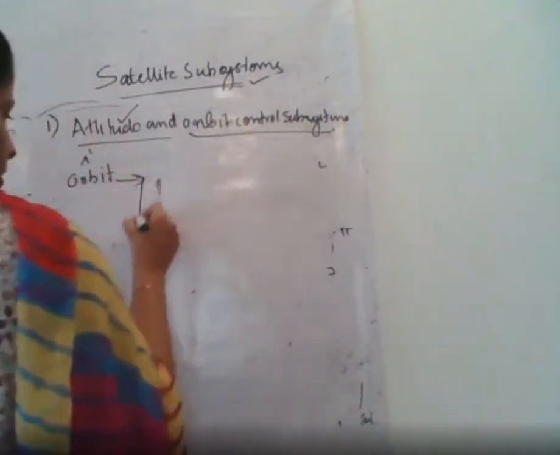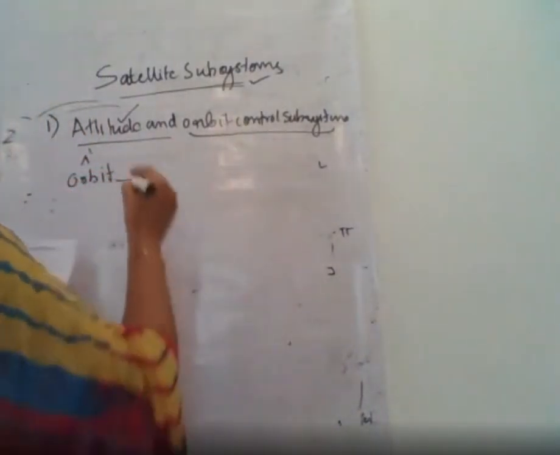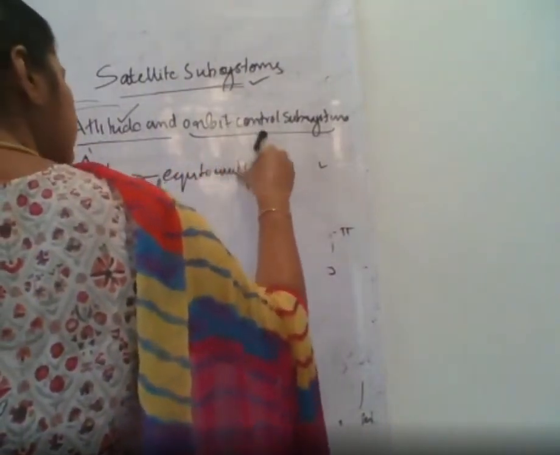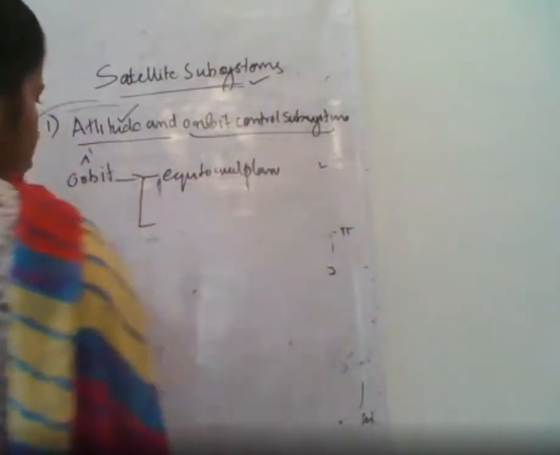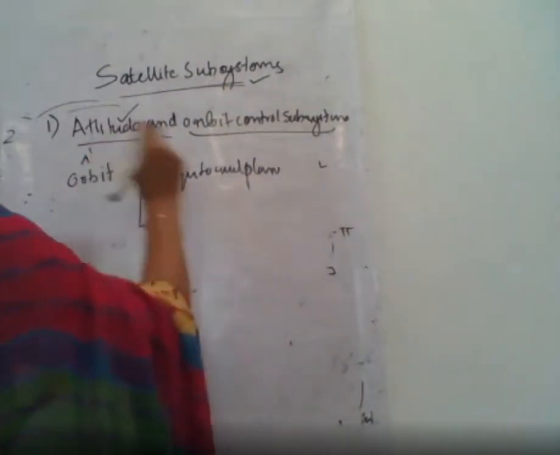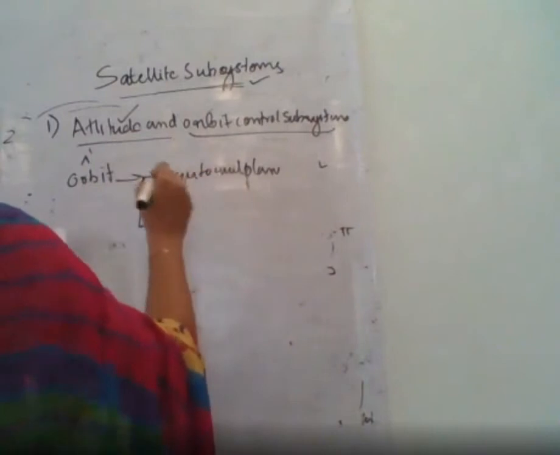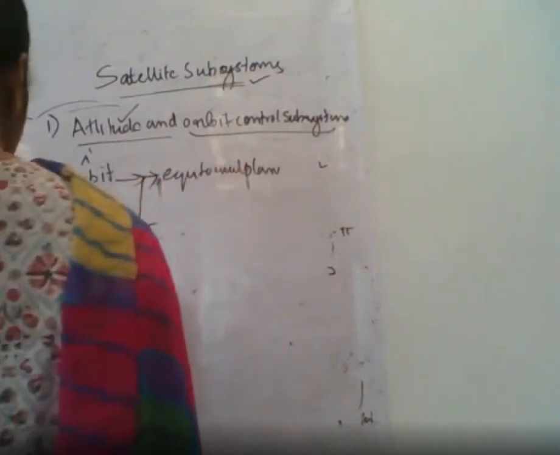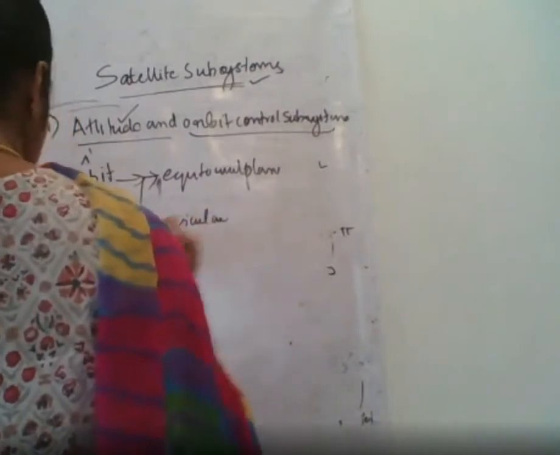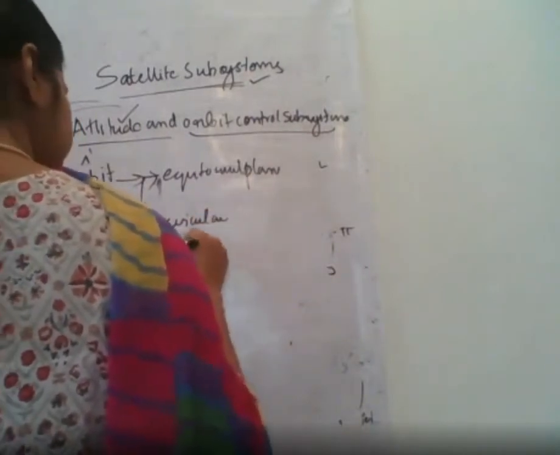So for an orbit to be truly geostationary, it should lie in the equatorial plane, it should be circular, and it should have the correct attitude.